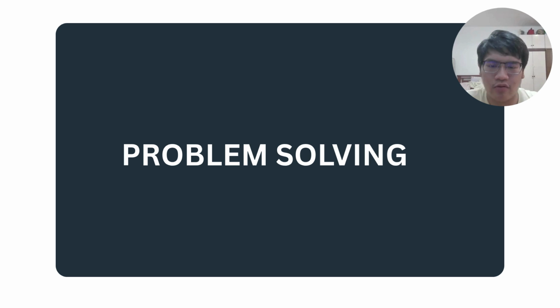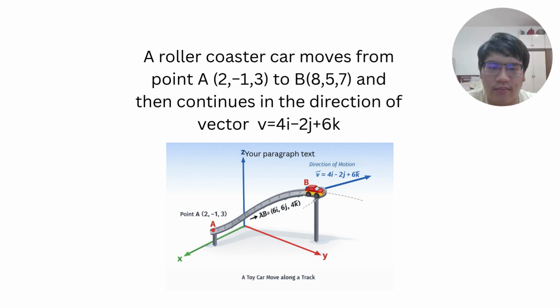Now let me show you the problem-solving question. A roller coaster car moves from point A (2, -1, 3) to point B (8, 5, 7), and then continues in the direction of vector v equal to 4i minus 2j plus 6k.